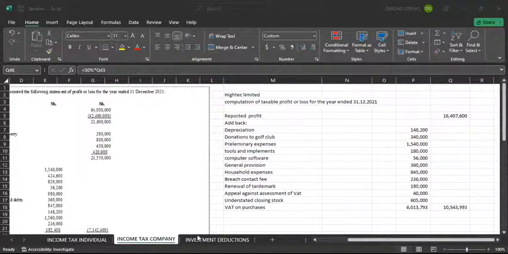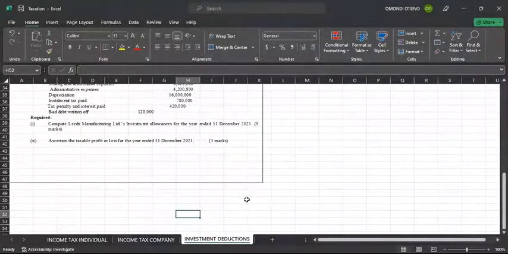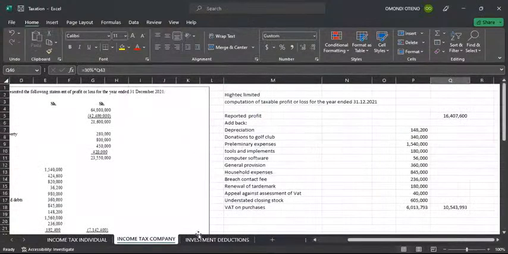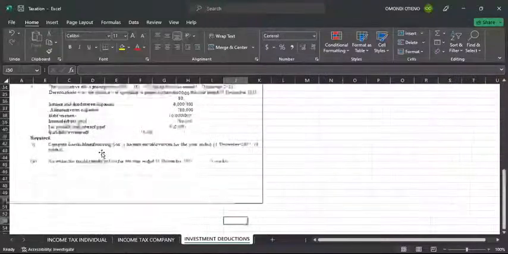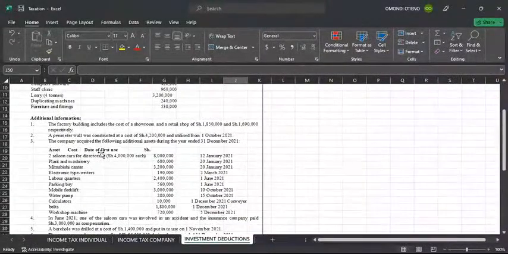So I believe we can end it at that point. Tomorrow we are going to look at the last thing, that is investment deduction, which we have just touched on in a few areas for the investment allowances. We are going to look at a question where everything you are given revolves around the investment allowances.